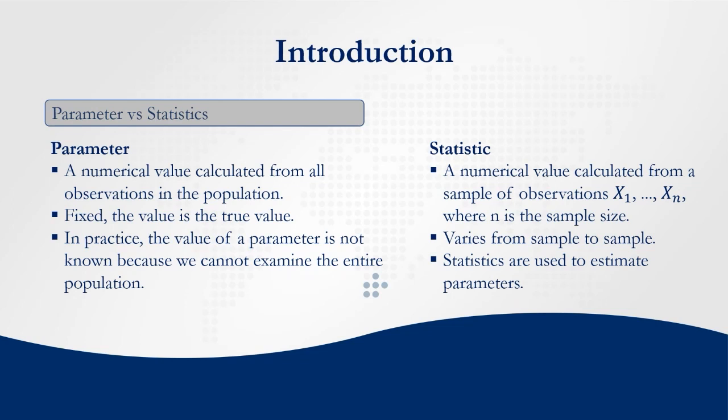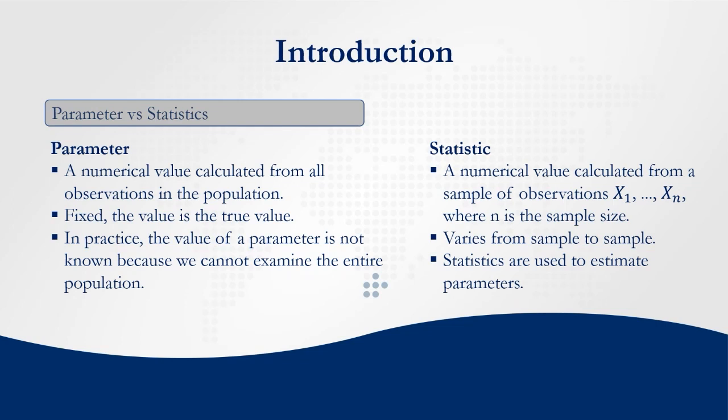On the other hand, what we measure from our sample: as I've said, we select a sample so that we can get to the population. What we measure from the sample that we would have selected, we refer to as a statistic. So if we calculate an average from the sample, then that average will be referred to as a statistic because it was calculated based on the sampled observations.